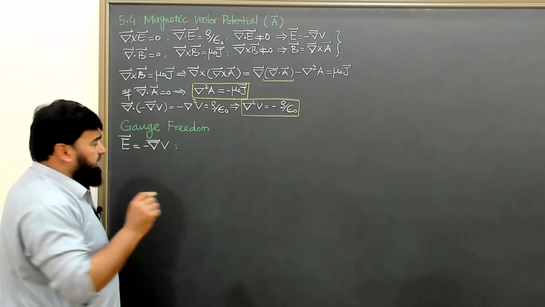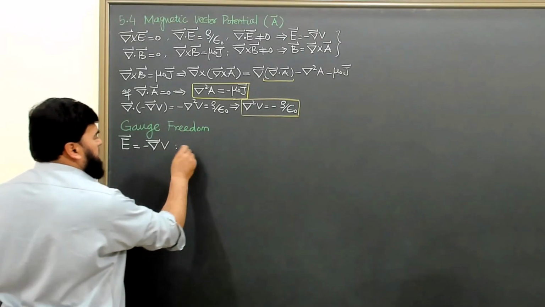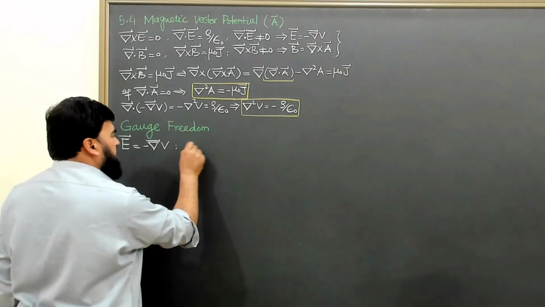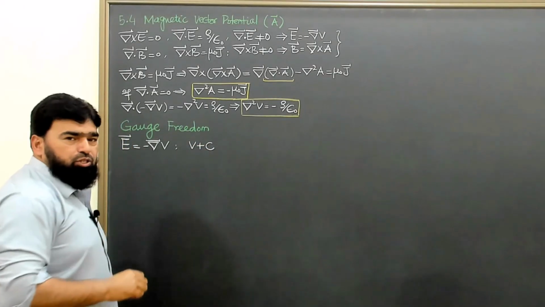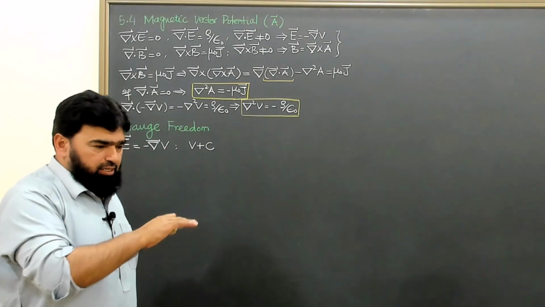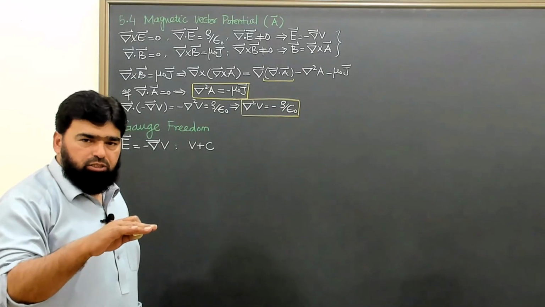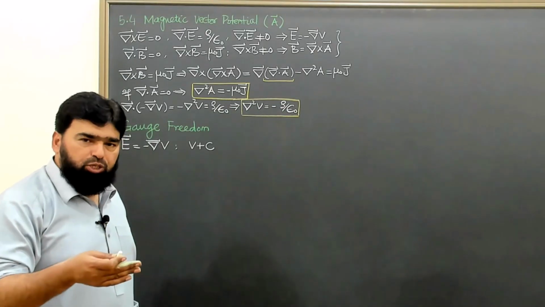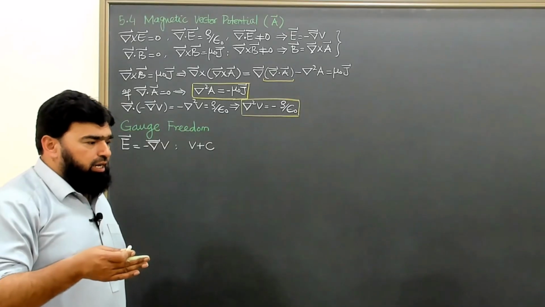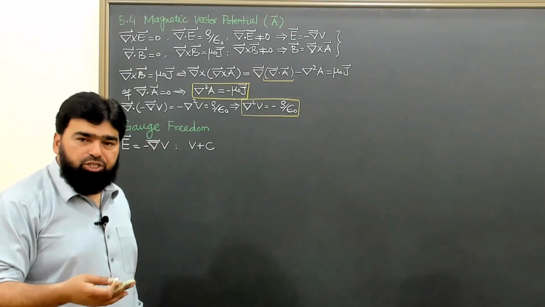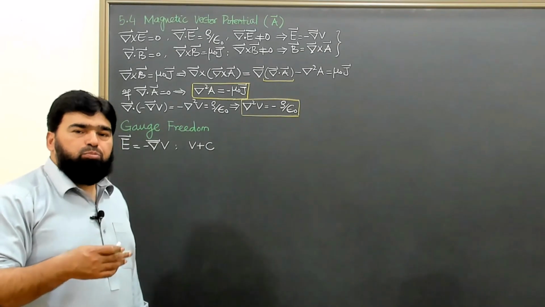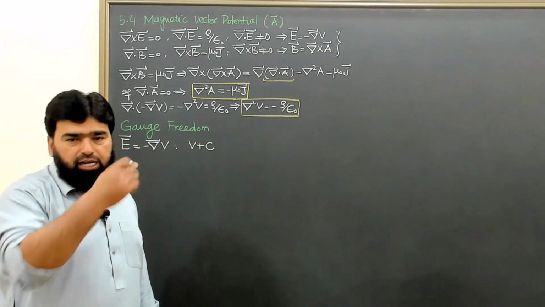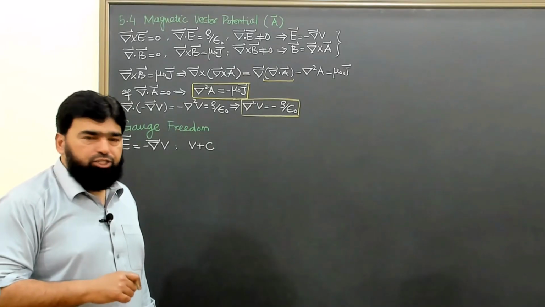Now if I write that V is not exactly V, but V plus some constant C, the electric potential is an absolute thing that can't be measured, because what we measure is the potential difference, and that I have explained in the earlier chapters.